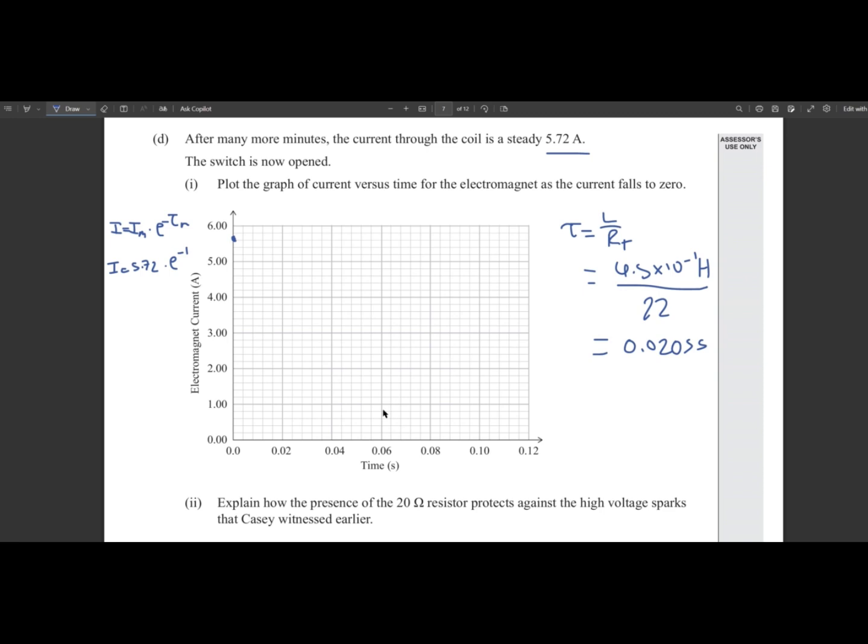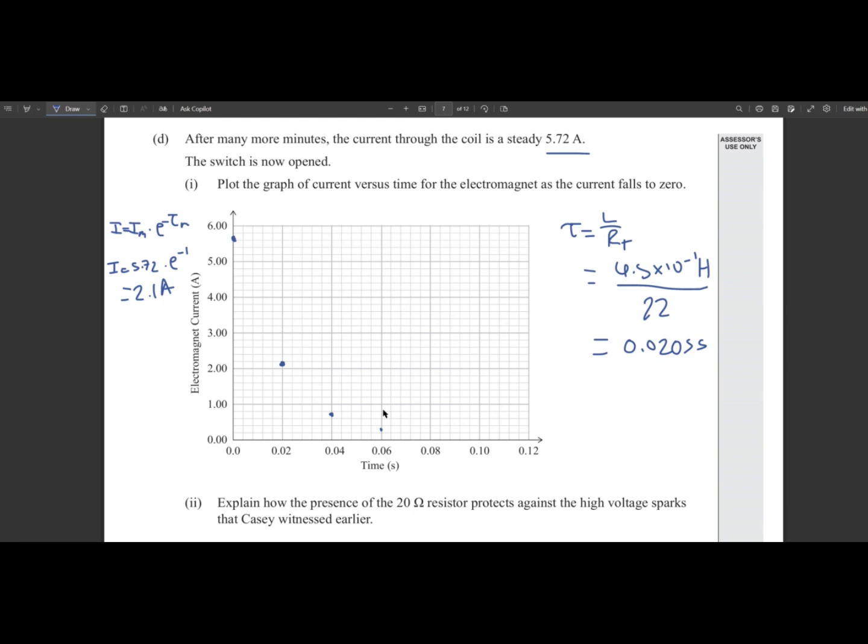and I get about 2.1 amps, so that would be halfway around there. And then after 2 time constants, I get 0.77 amps, so that would be around here. After 3 time constants, I get 0.28, which would be about here.